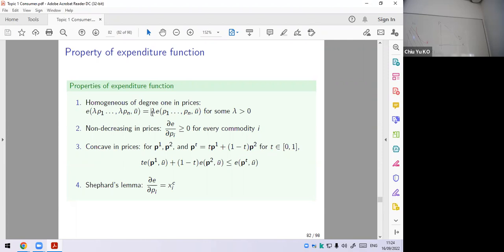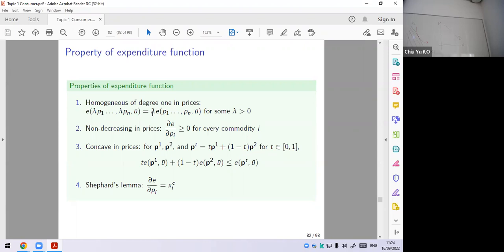This one deserves some discussion. It says I have price vectors 1 and 2 and a linear combination of them. What it says is that the expenditure at the combination is greater than or equal to the combination of expenditures at the average price.